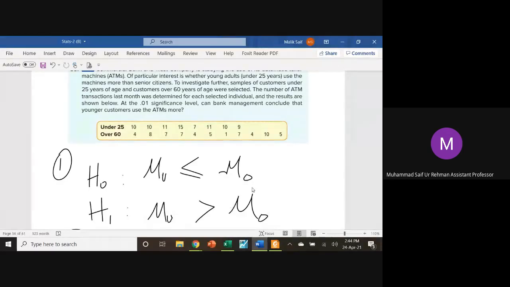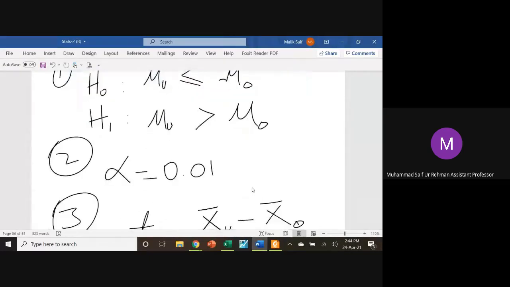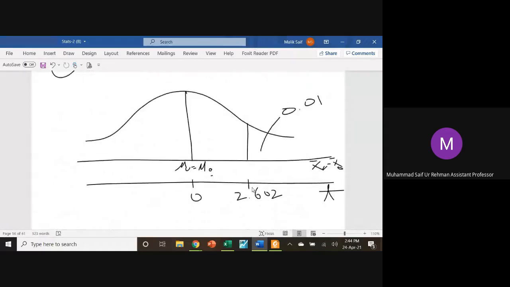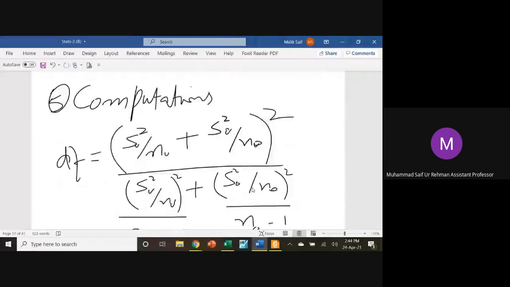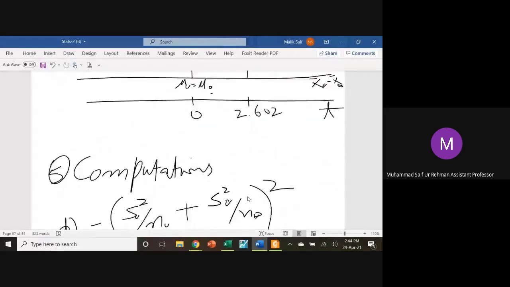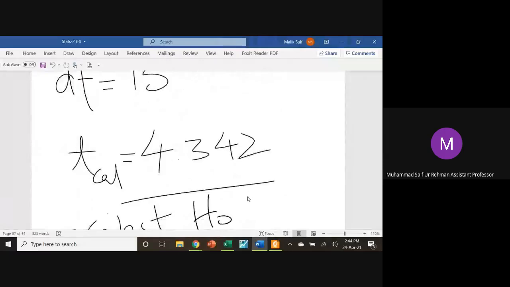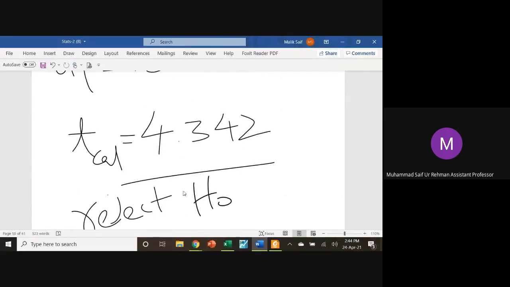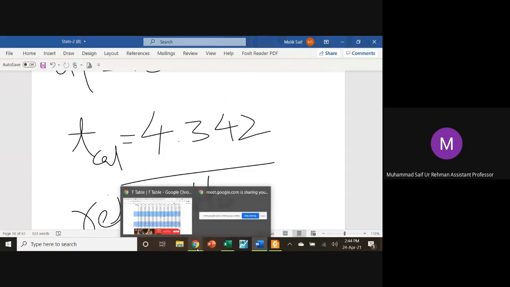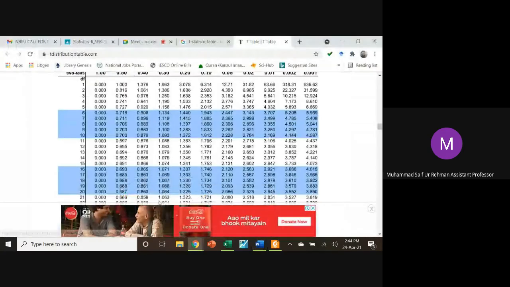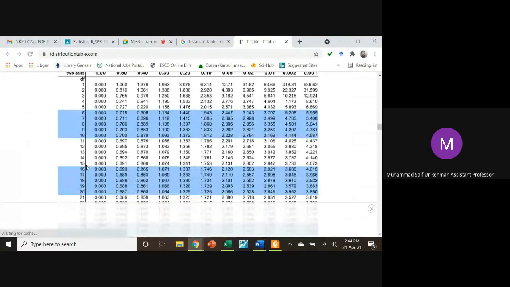Fine. Then there are two more things. One is the probability value. In this case, as it is one tail, you may find the probability value with the help of this value 4.34. How will you find the degrees of freedom? You have found 15. So come over here, 15, and see 4.34.